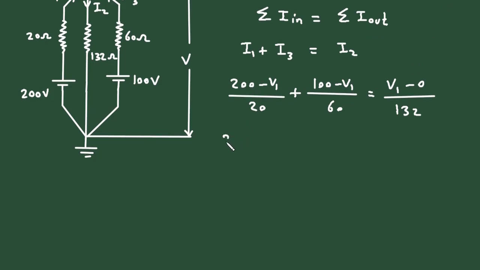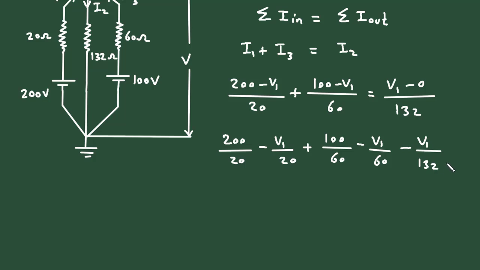So this will be 200 divided by 20 minus V1 divided by 20, then plus 100 divided by 60 minus V1 divided by 60, and if we take this on the left side, it will be minus V1 divided by 132, equal to 0. So let's solve this.